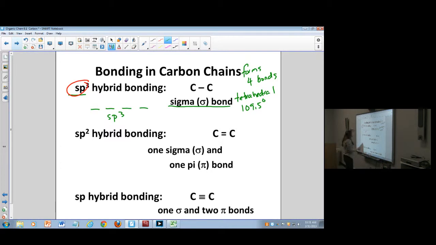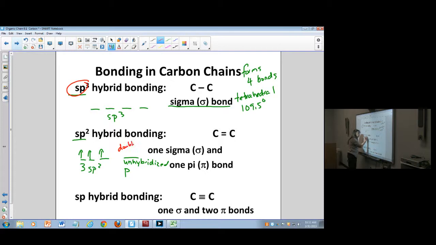When it's an sp2 hybrid orbital, in other words, there's 1 sigma and 1 pi. And let me show you how that is. We have 3 sp2s here. Each one has an electron in it. And then remember, there's the unhybridized p orbital. And that unhybridized orbital is where the double bond is formed.